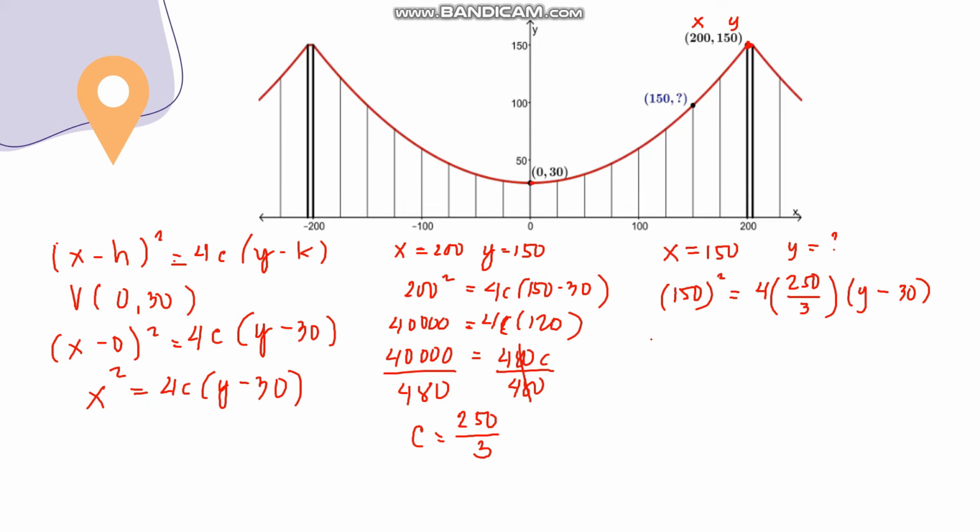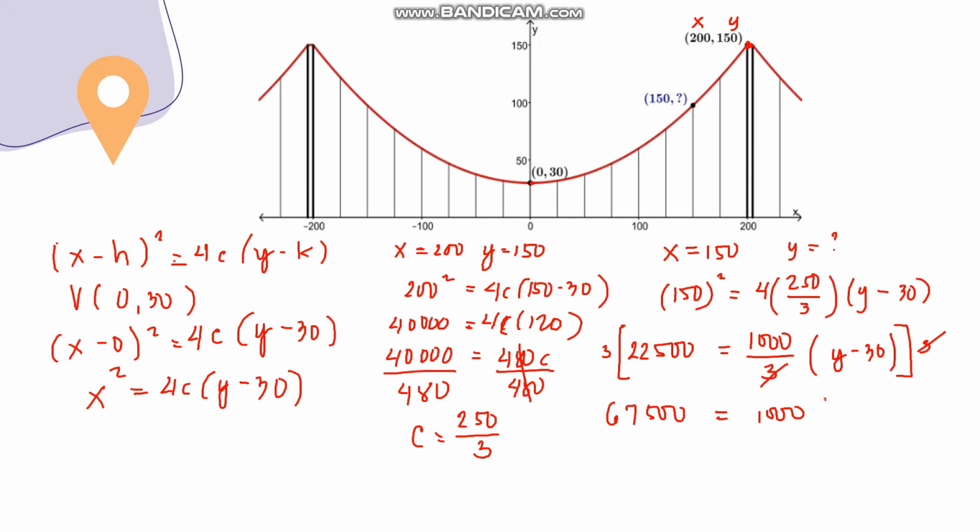We have 150 squared is 22,500 equals, this one is 1,000 over 3 times (y − 30). To get rid of the denominator, let's multiply both sides by 3. This will be cancelled, and then you will have 67,500 equals 1,000 times (y − 30).